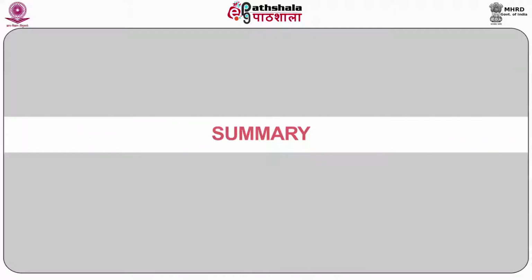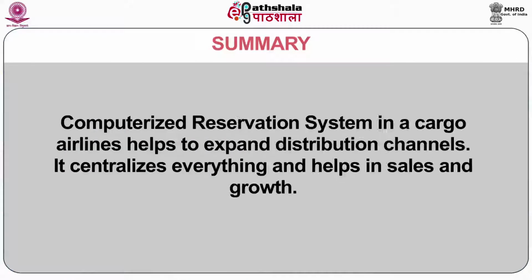Dear students, let us now summarize what we have discussed in this module. Similar to other sectors, there seems to be a rising acceptance of information technology in the air cargo fraternity. A computerized reservation system in a cargo airline helps to expand distribution channels. It centralizes everything and helps in sales and growth.